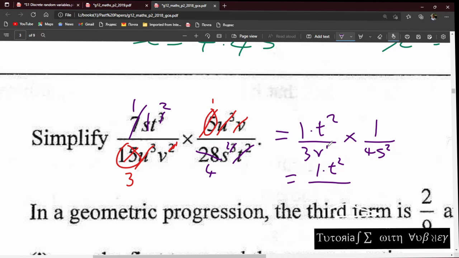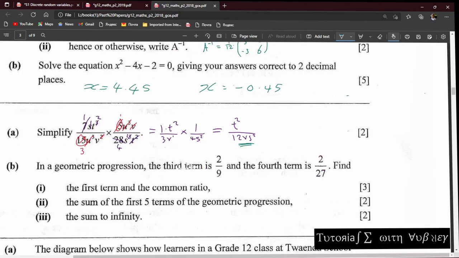So 3 times 4, that is 12. Okay. Then we say v times s, that is v times s squared, of which 1 times t squared is just t squared divided by 12 v s squared as our final. So that, ladies and gentlemen, is how you simplify.